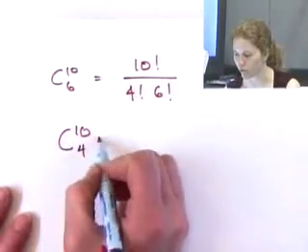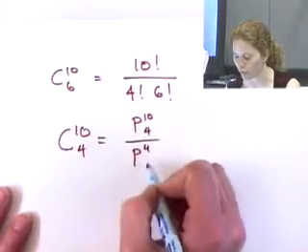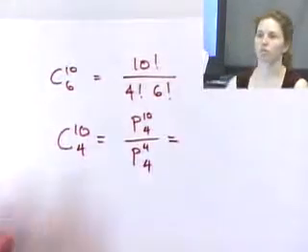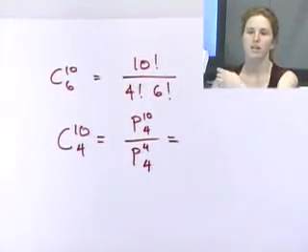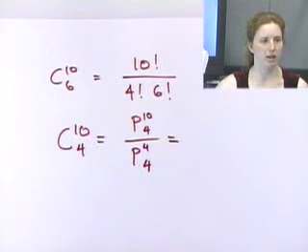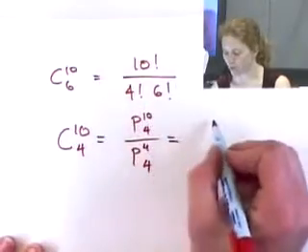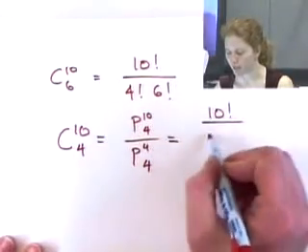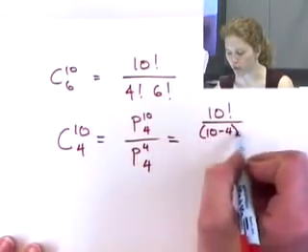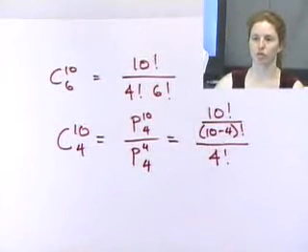Let's do C10,4. That would be P10,4 over P4,4. Right? Because I would take a permutation of 10 things taken 4 at a time, and then I would rearrange the 4 and divide by that. But remember that for 4 at a time, it's 10 factorial over 10 minus 4 factorial. And 4 things rearranged is 4 factorial.